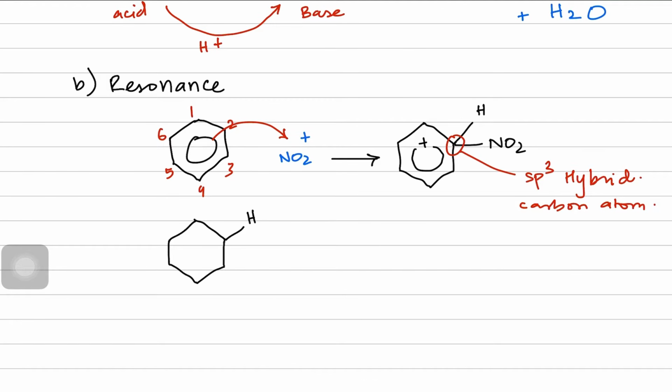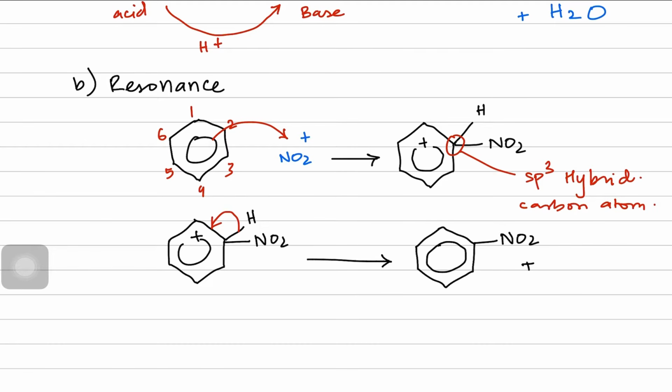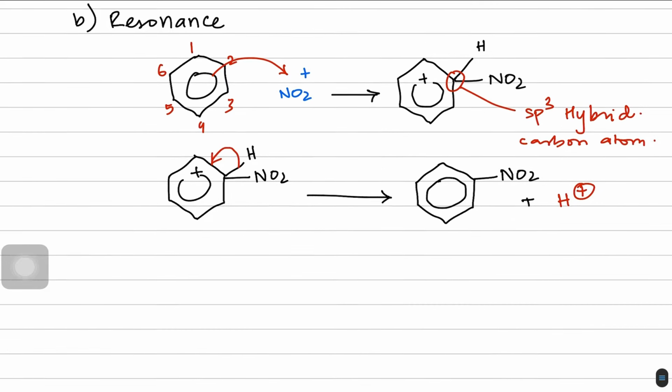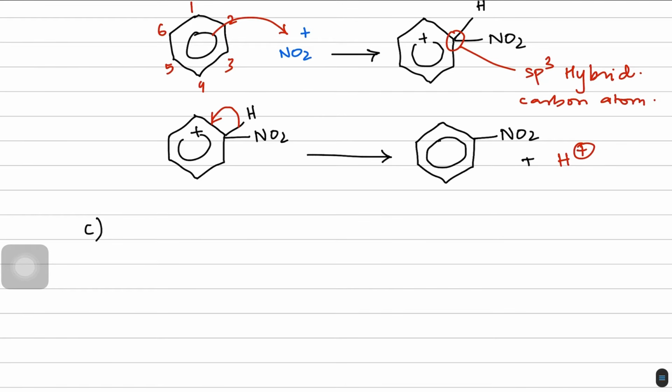In order for the benzene to regain its stability, the benzene has to accept an electron pair. So the hydrogen atom is eliminated and the electron pair from the bond is taken into the benzene resonance system. This way, nitrobenzene is produced and the hydrogen atom is eliminated as a hydrogen ion.